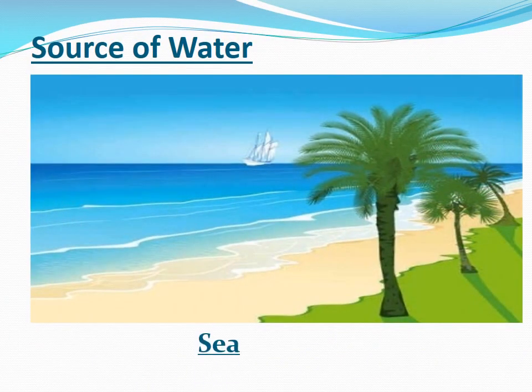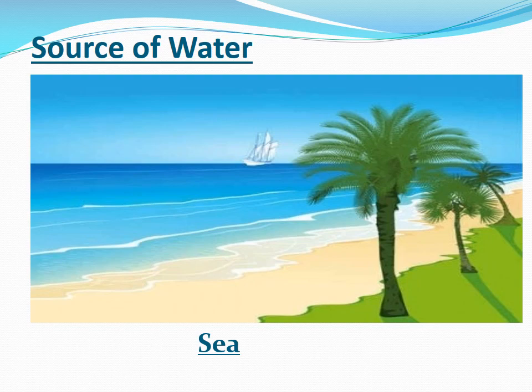As we know, rivers flow from the mountains and end up in the sea. Students, most of the water on the earth's surface we can find in the oceans or seas.